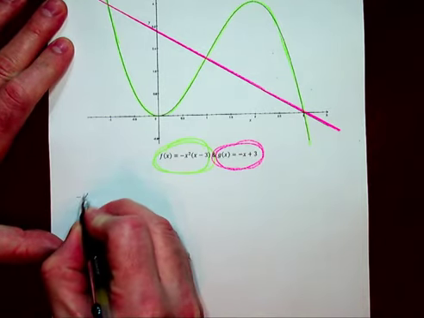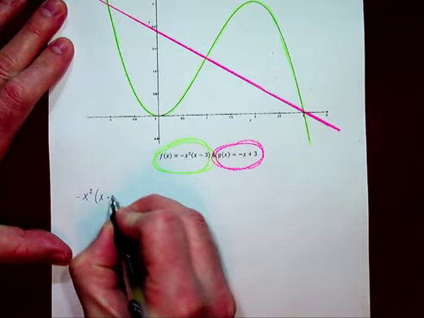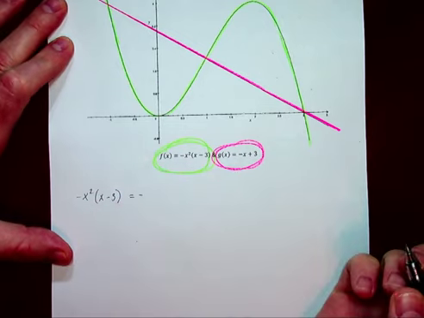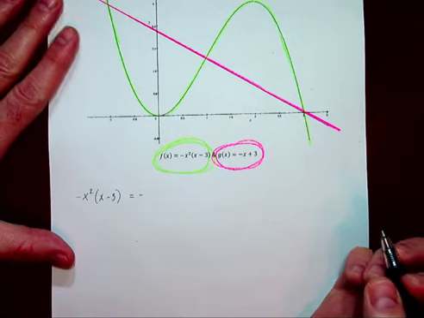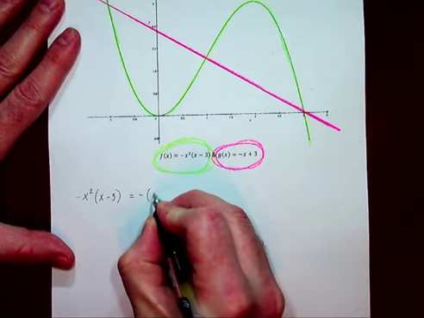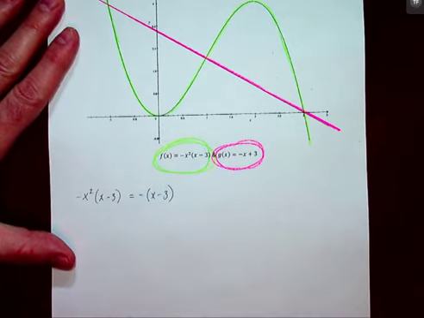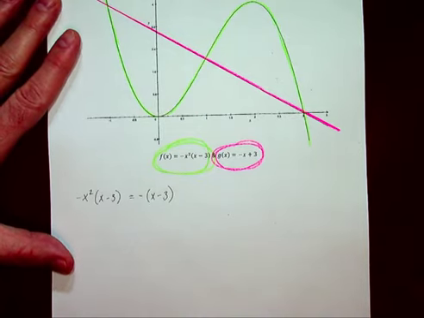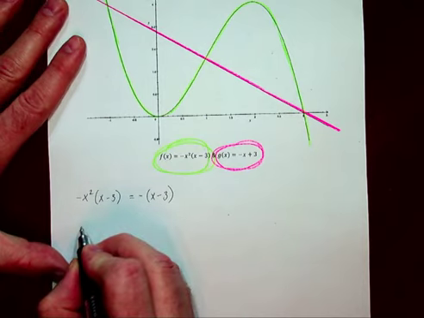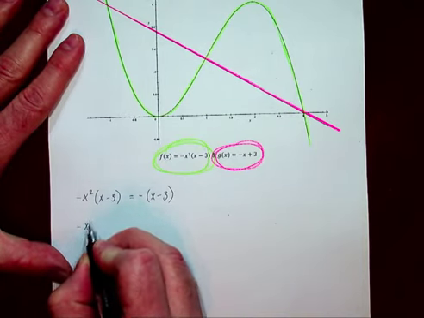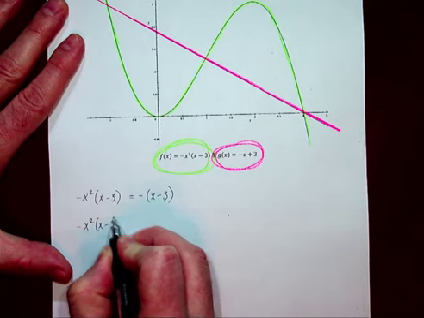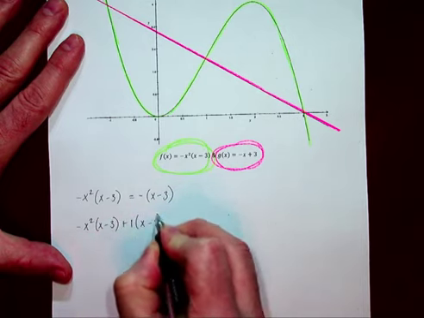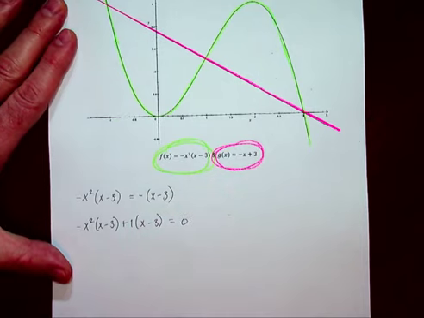So we have negative x squared times x minus 3 is equal to negative x plus 3. But if I factor out a negative, I can get this, okay? Which is kind of neat, because then if I gather these on the same side, it almost looks like I'm halfway through a factoring by grouping problem.